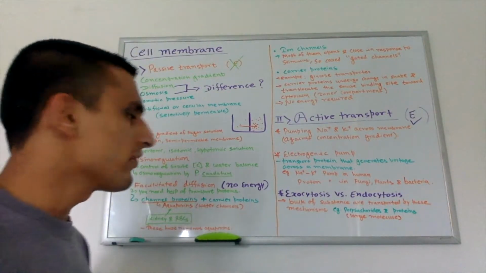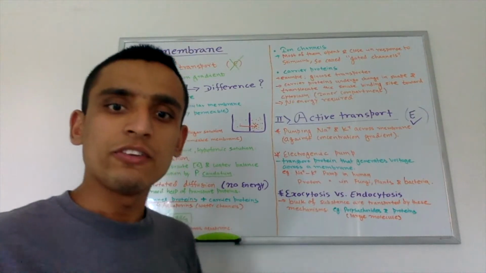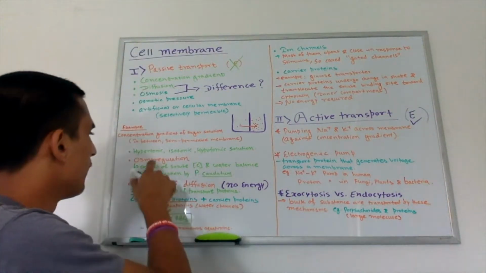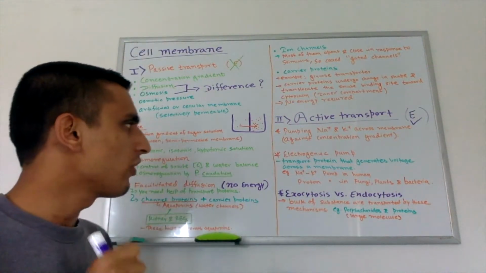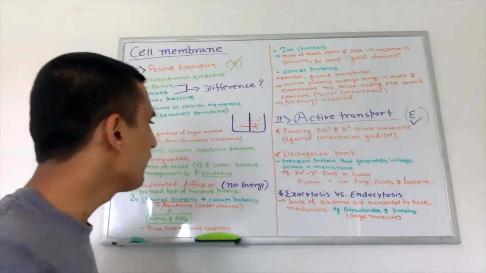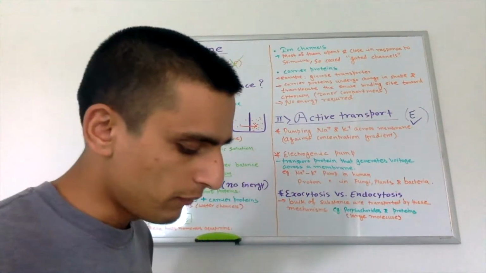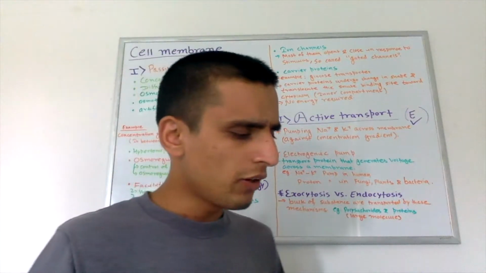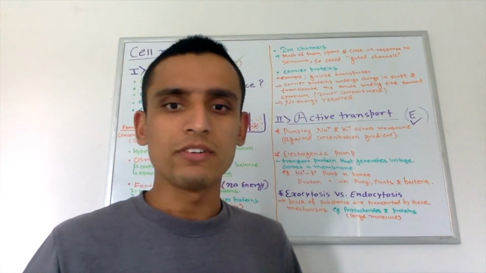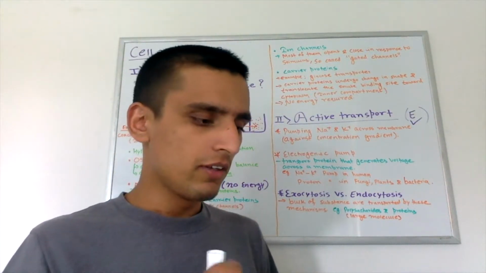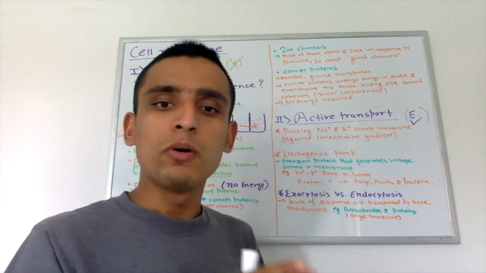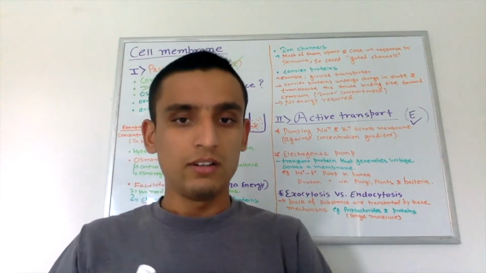Osmoregulation is another term you need to understand. Osmoregulation is the control of solute concentration and water balance. For example, take a protist, Paramecium caudatum, which usually loves pond water.